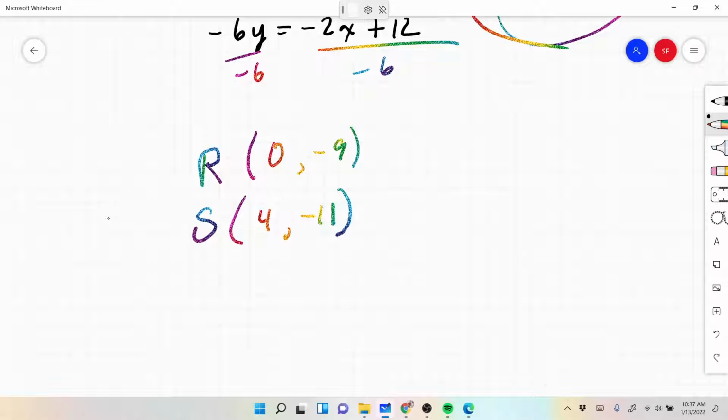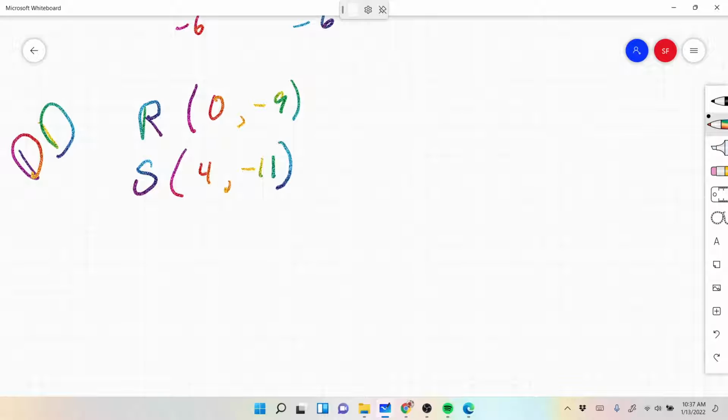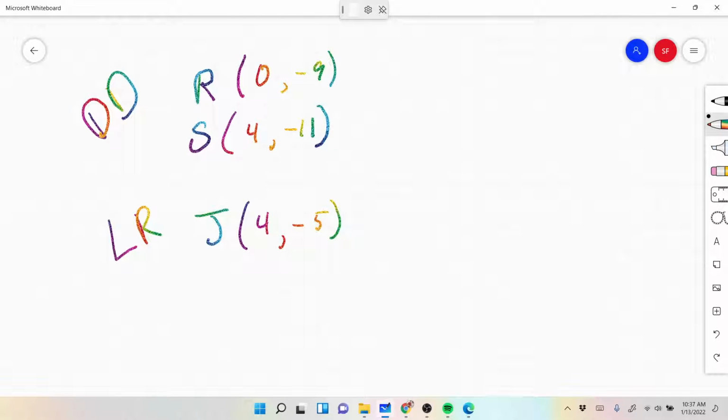This is Dogwood Drive. And then Lewis Road passes through J being 4, -5, and K being.